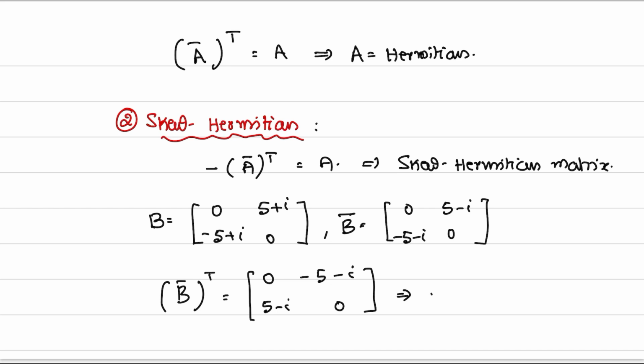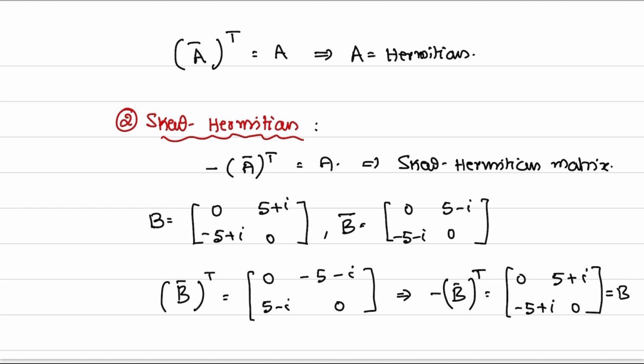Then the negative of the transpose of the conjugate is the minus of this value: minus 0 is 0, minus of minus 5 minus i is 5 plus i, minus of 5 minus i is minus 5 plus i, and 0 is 0. This is nothing but B.